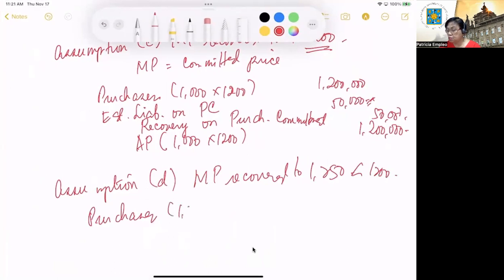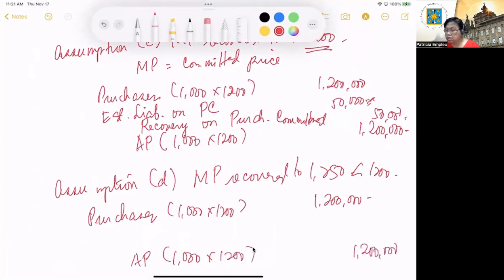So we debit purchases 1,000 times 1,200, 1,200,000. Record accounts payable, also at the committed price, 1,000 times 1,200, so that's 1,200,000. Debit estimated liability on purchase commitment for 50,000 and credit recovery on purchase commitment, which is again for 50,000.